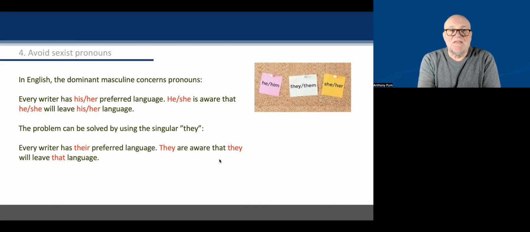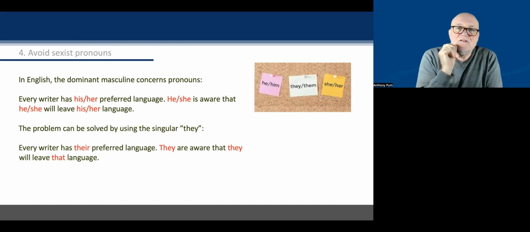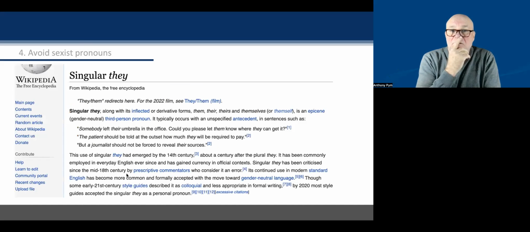They are aware that they will leave that language, right? I don't know what the sentence is about, but anyway, you can use that they, which looks like a plural, you can use it as a singular pronoun in English. Please do so instead of doing this stuff up here, or instead of using the dominant masculine.